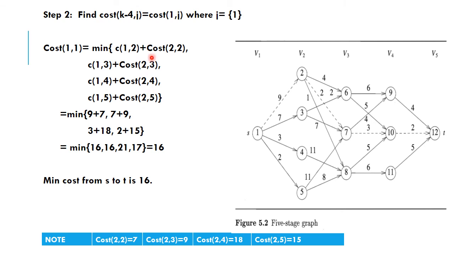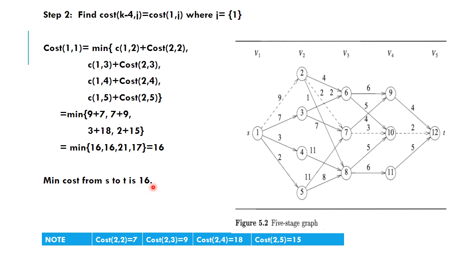So among this, which gives you minimum value? 2 nodes give you minimum value, that is 2 and 3. 2 and 3 both are giving the same value, but we will consider in the order. So the node that gives you minimum cost is 2, but minimum cost from S to T is 16.